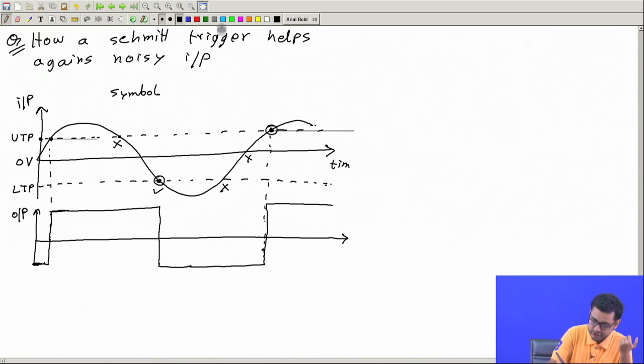So if the input signal is noisy like this, so this is an ideal sine wave, but say the input signal is actually like this, it's noisy.